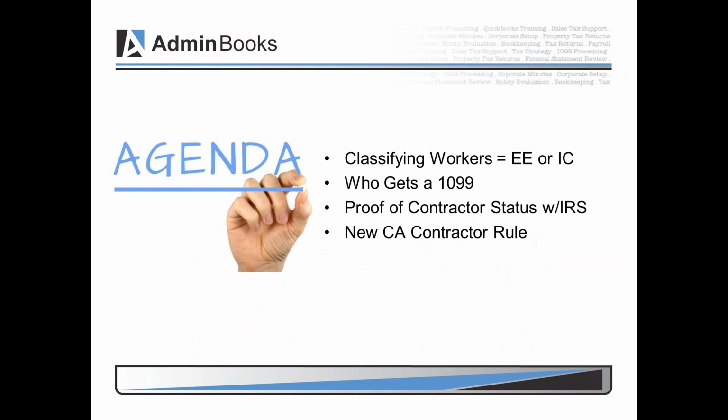Our agenda for today: I'm going to be talking about classifying workers, what deems somebody as an employee, what deems somebody as an independent contractor, and the differences there, so you are very clear on what that looks like. I'm going to go through the 1099 and what the rules are on who gets it, how much, when, where, why, how. And then I want to talk about how the IRS views 1099s and contractor statuses, and specifically in audit situations that I've represented clients on.